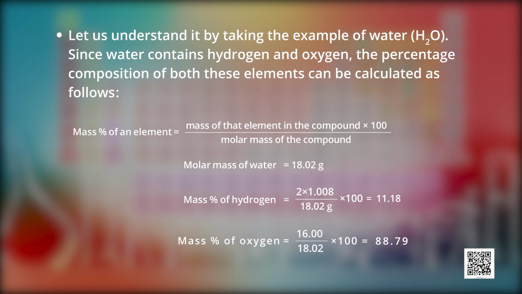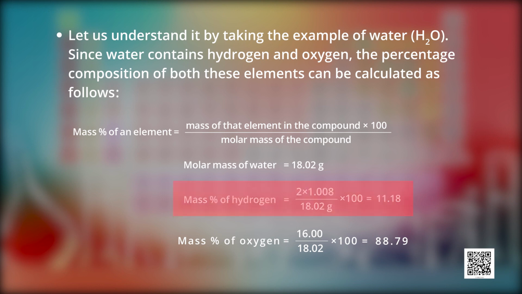Now we have to calculate the mass percentage of the hydrogen. First we will write the mass of the hydrogen in the given compound upon total mass of the compound into 100. So here the mass of the hydrogen is 2 into 1.008 divided by 18.02 into 100.